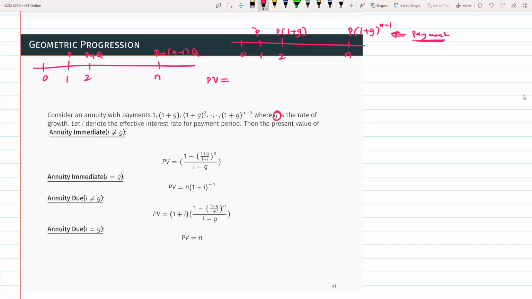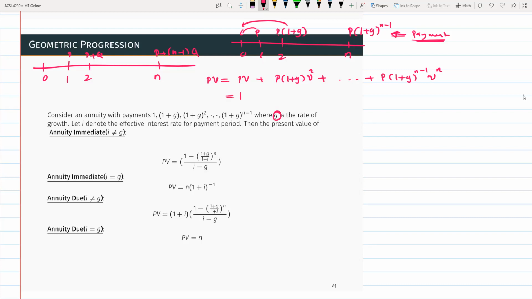For the present value, you take the P discounted to time 0, so P times V, and the next one is discounted back to time 0, P times (1 plus G) times V squared, all the way up to the last one, V^n.